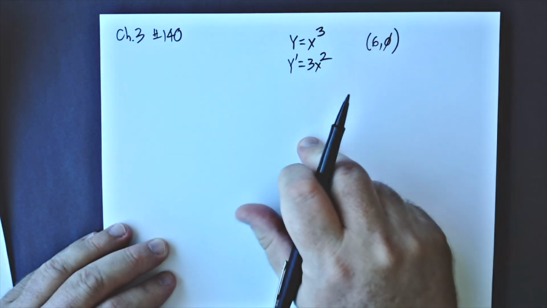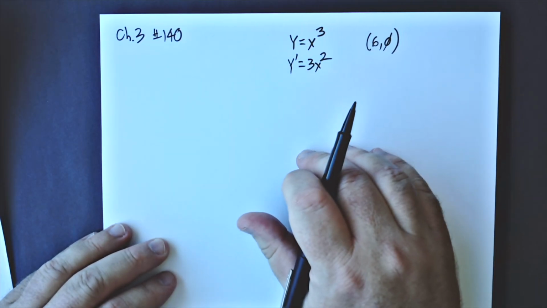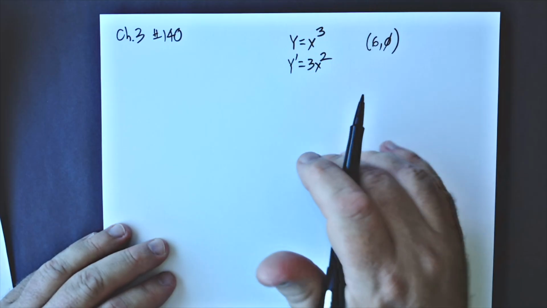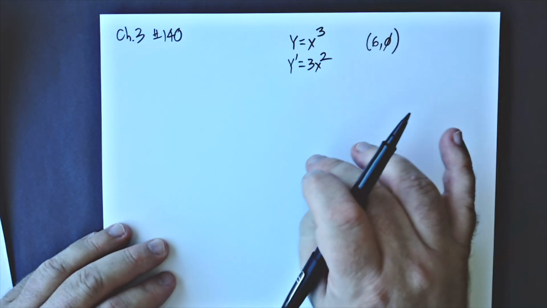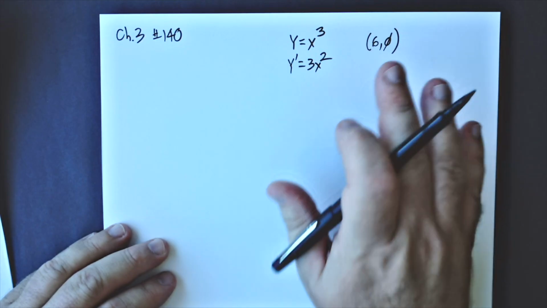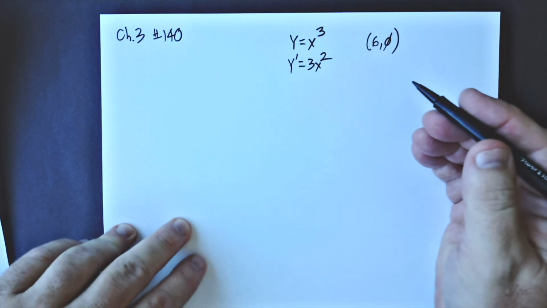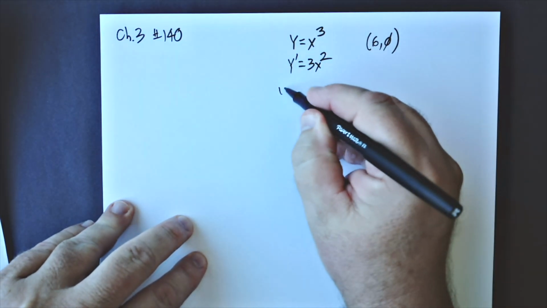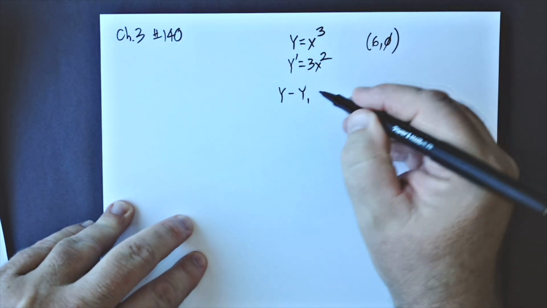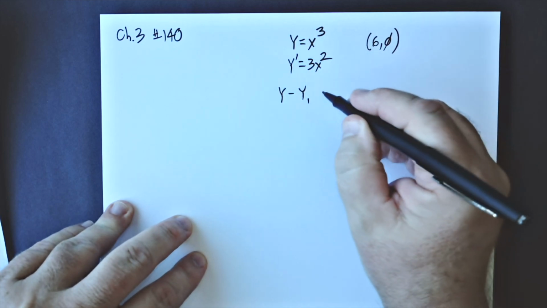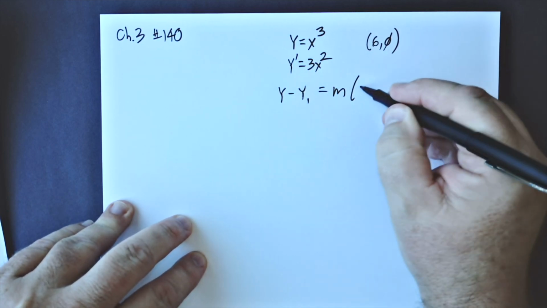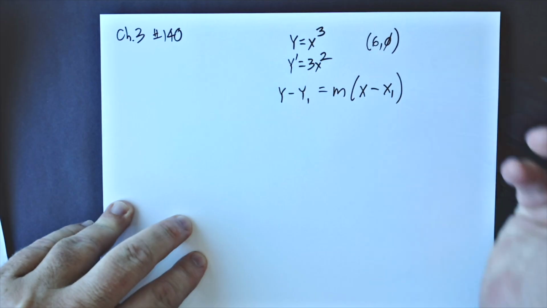You might want to use slope-intercept form here, but slope-intercept is for the y-intercept, so we wouldn't be able to use that. Instead, because we have this point right here, let's use our point-slope form, which we do not use very much: y minus y1 equals m times x minus x1.